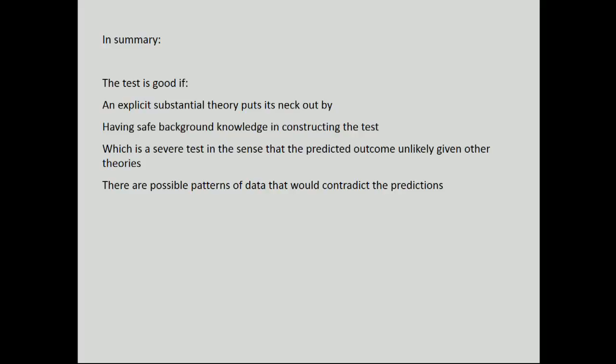The test is a good one, and the paper contributes to good science to the extent that it has some explicit substantial theory that's put its neck out by having safe background knowledge in constructing the test, which is severe because the predicted outcome is unlikely given other theories, and you can state actual precise results that would lead you to give up the theory.